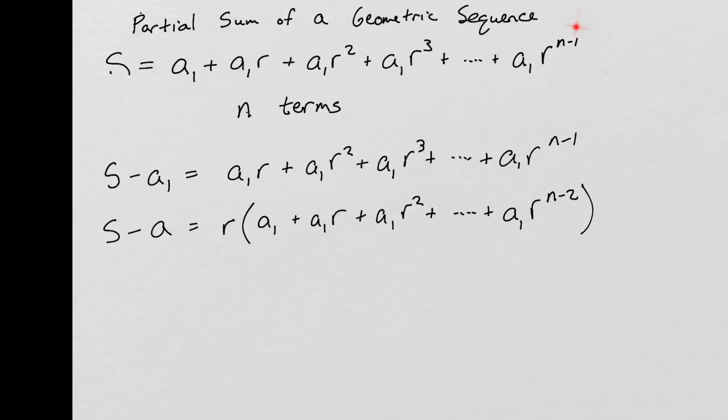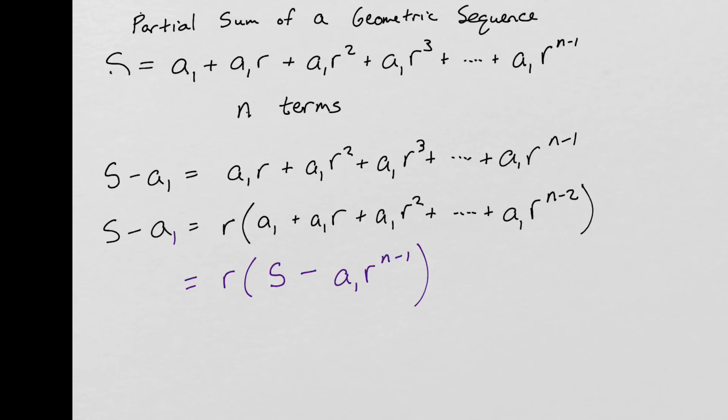So what we can just say is that everything in here is just equal to S, but minus A1R to the n minus 1. Okay, so I'm going to do this. You should definitely pause me and look at this. But this is going to be R multiplied by S minus A1R to the n minus 1. Okay, it's missing that term.